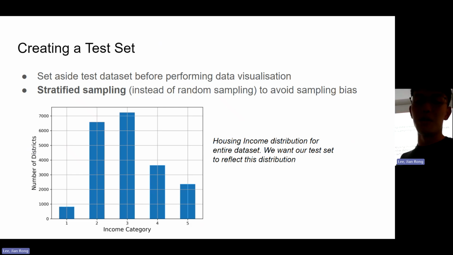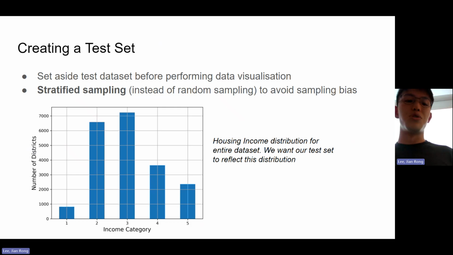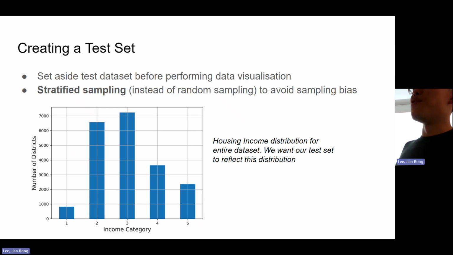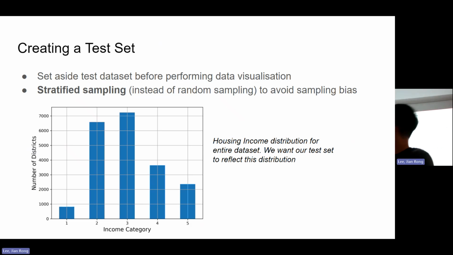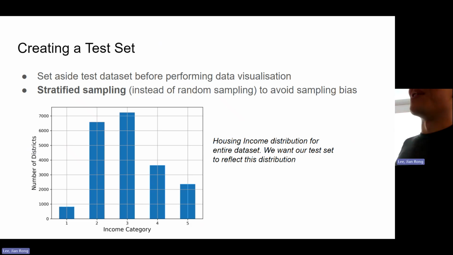If I bring your attention to this histogram here, it shows you the number of districts against the income category. You can see that for different values of income, the size of the population is different. A lot of people fall into the middle band, but not many people earn in the lower band or the upper band.